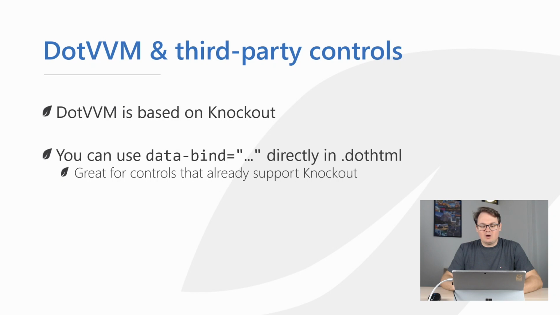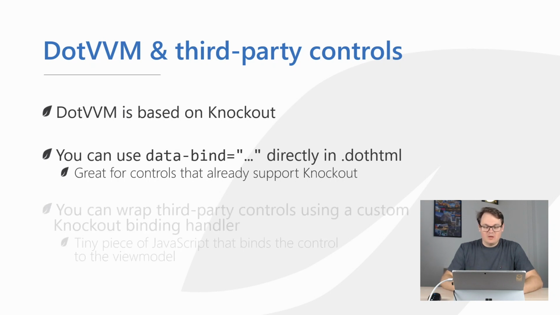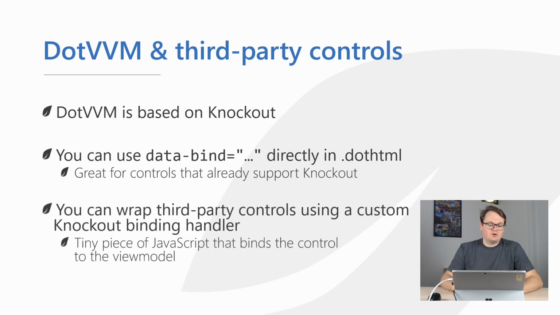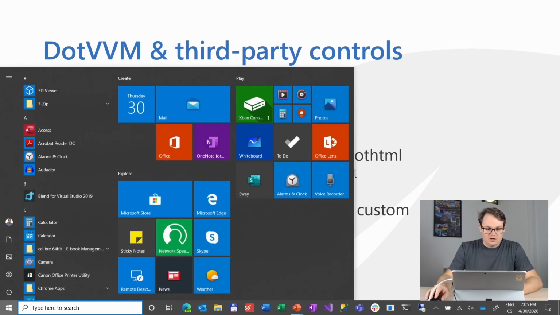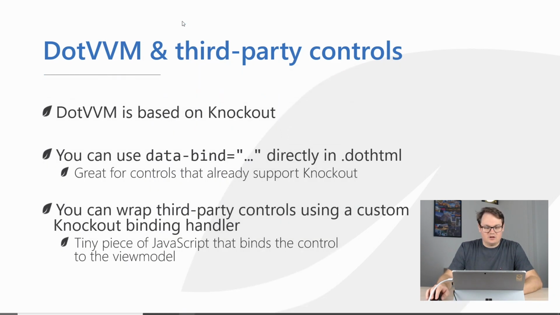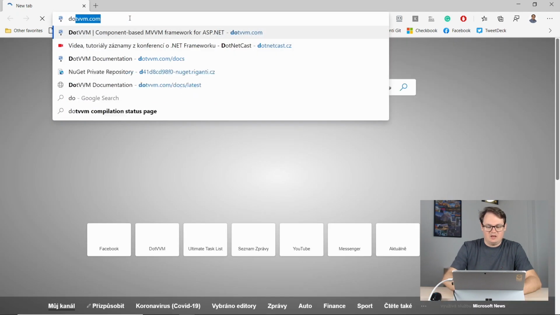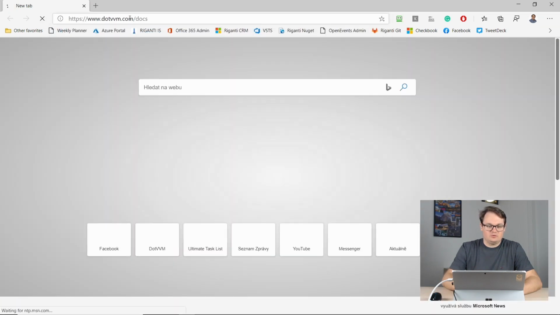So you can use data-bind, and if the control or component or library can work with data-bind from Knockout, it should work. Also, if the control doesn't support Knockout.js, it doesn't mean that you cannot use it in .vvm. You can, but you need to wrap it as a Knockout binding handler. If you go to the documentation of .vvm, sorry, I forgot to open this page. .vvm.com/docs.